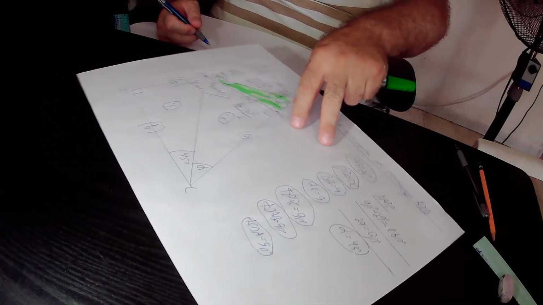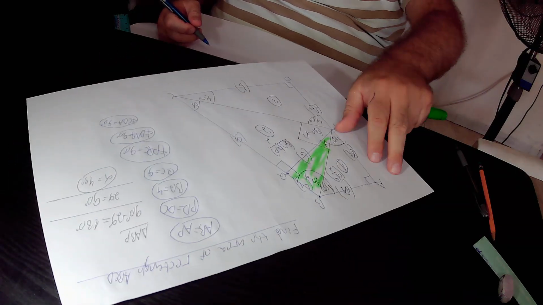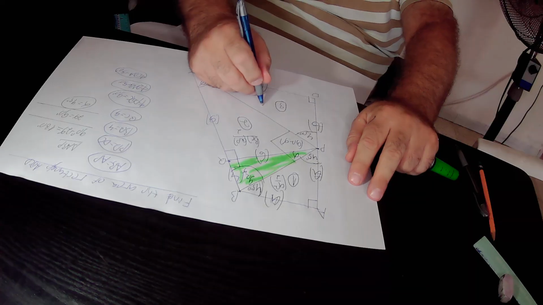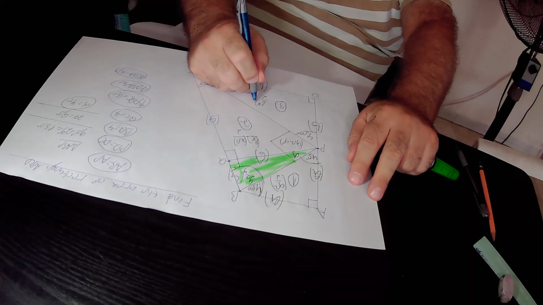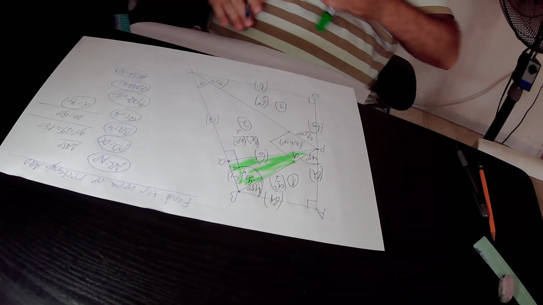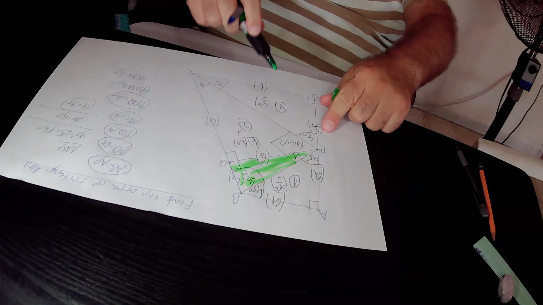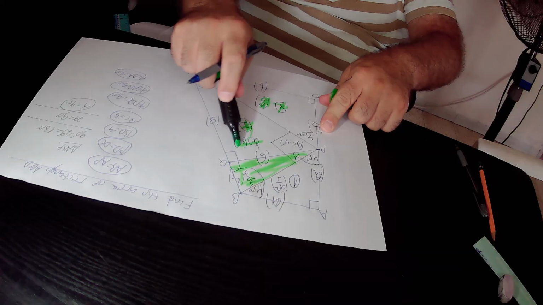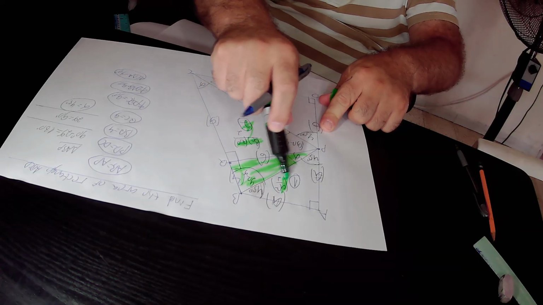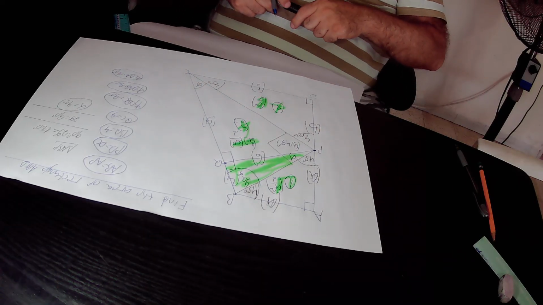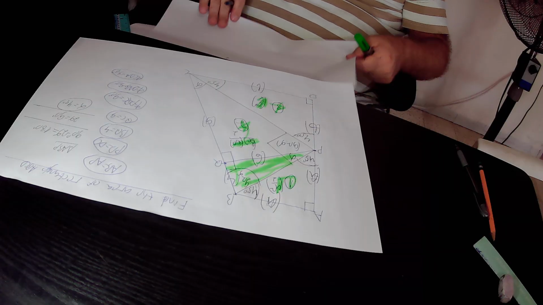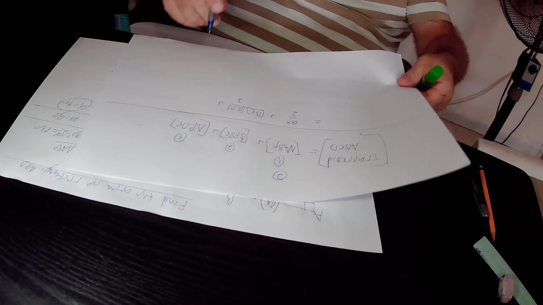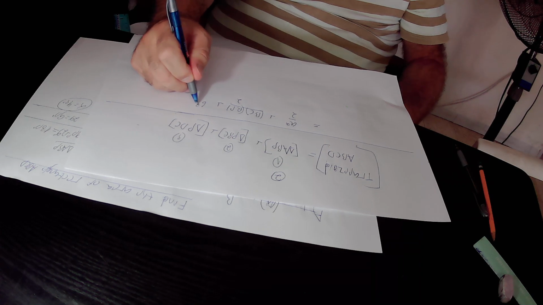So in total, we found out the area of the third component is B squared over 2.